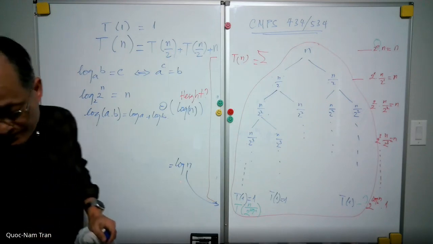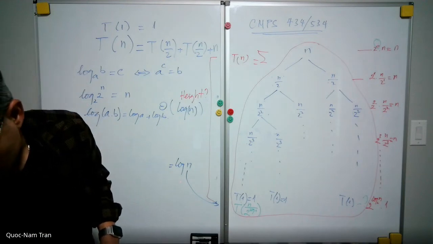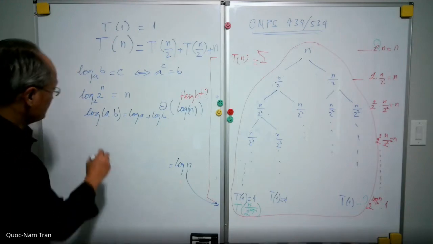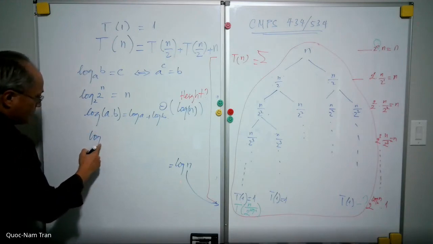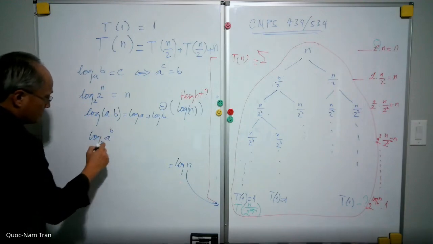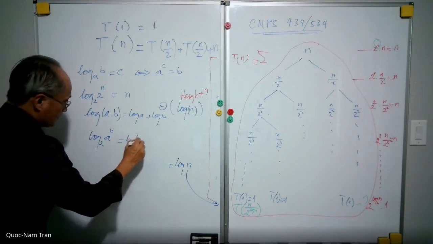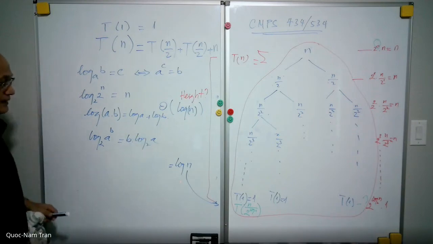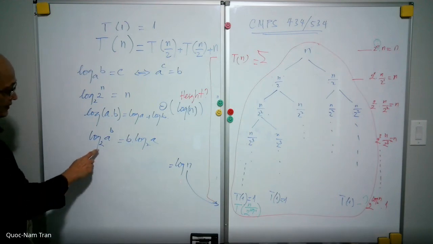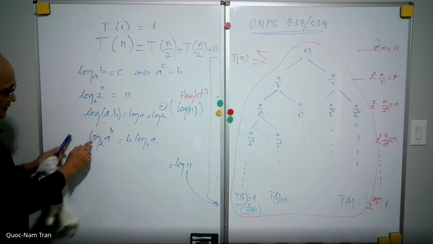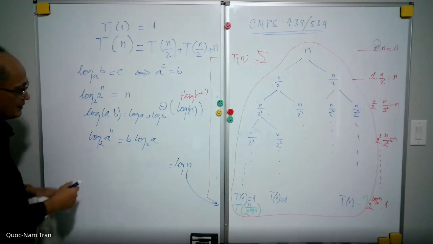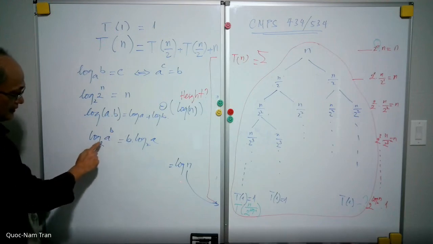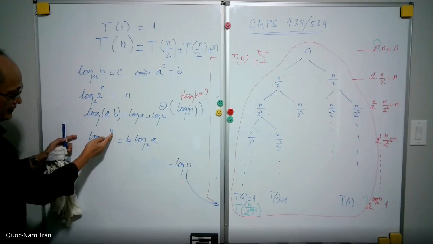One more thing that we want to remember is that log 2 of A power to the B is B times log 2 of A. Why do we have that? Because we take 2 power to this.